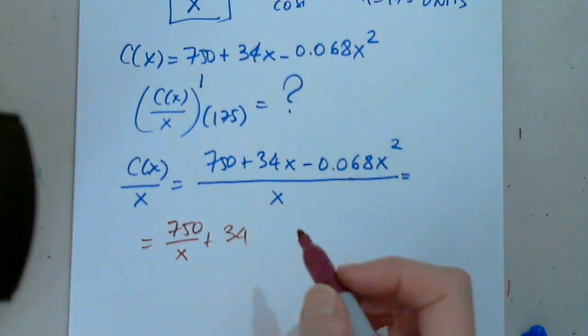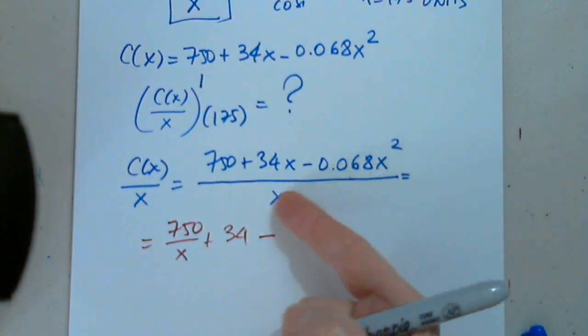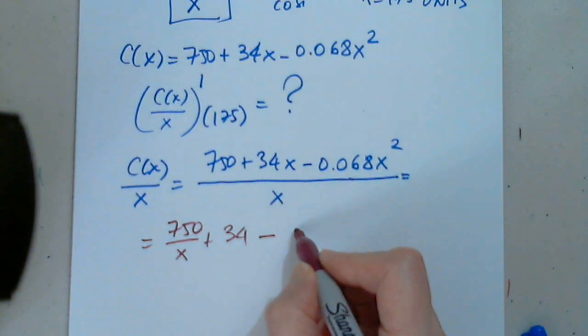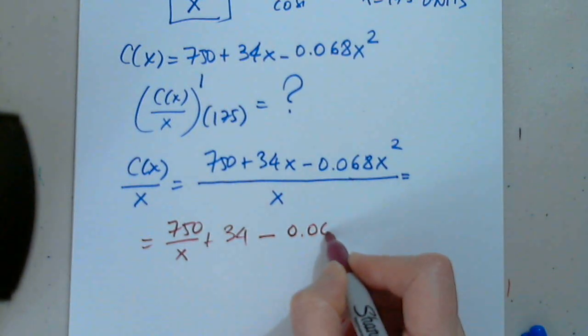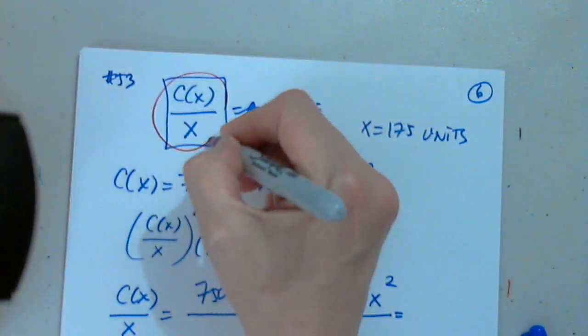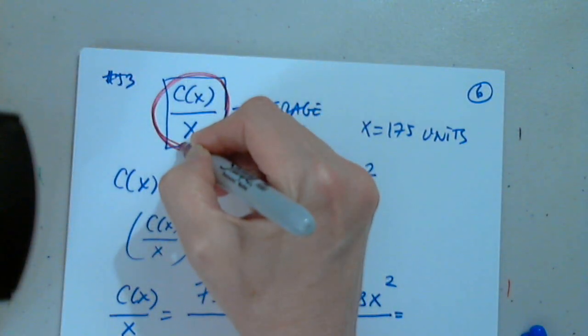So we simplify that. Awesome. Minus, can anyone give us the last fraction? Is it going to be 0.068X? That's it. So now we do have the average cost.